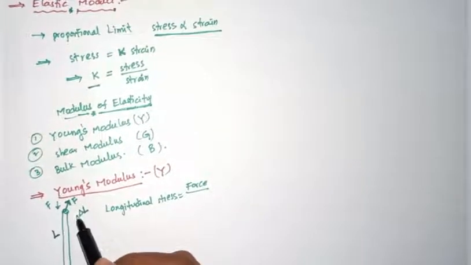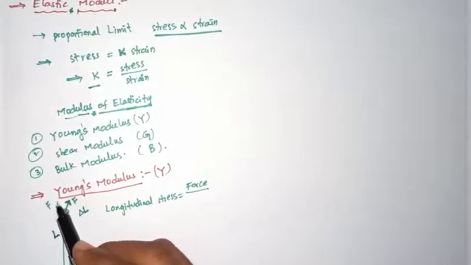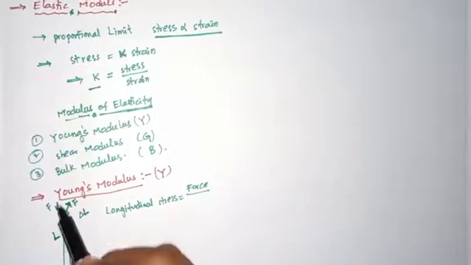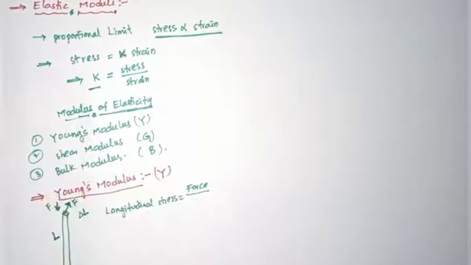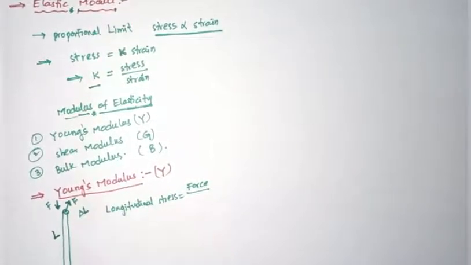Such a stress is called tensile stress. If the forces are equal in magnitude and opposite in direction but compressive, the size decreases. Such a stress is called compressive stress.